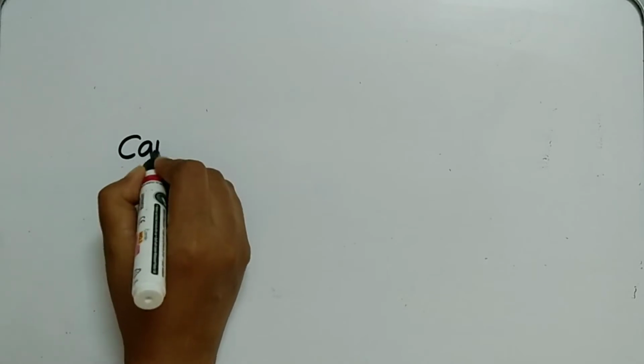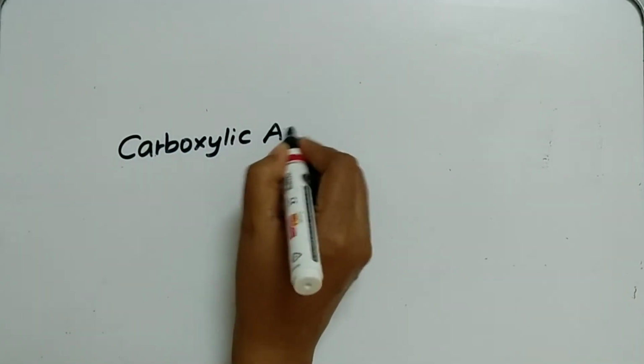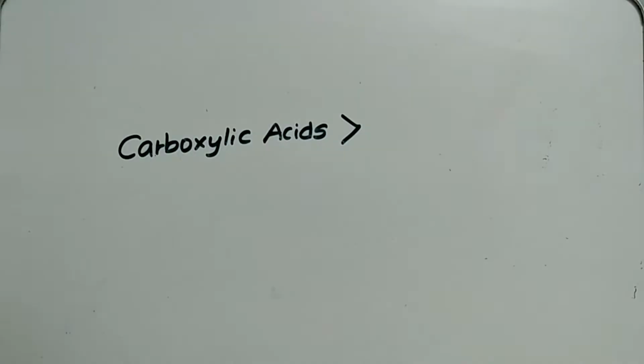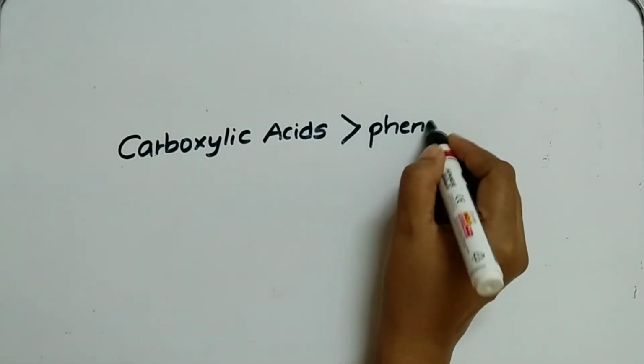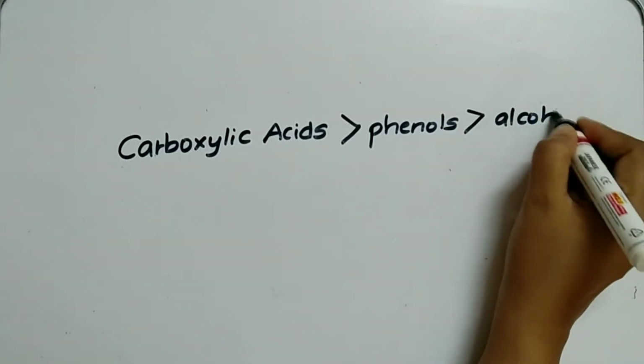So the order for acidity: carboxylic acids, their acidity is the greatest, their acidic nature is more compared to phenols and also compared to alcohols. So this is the order.